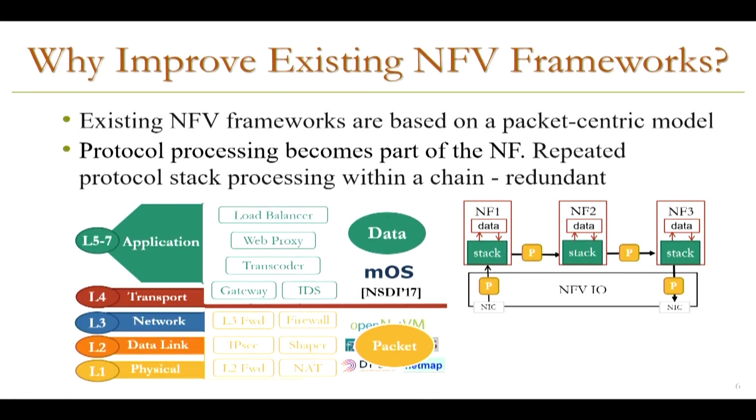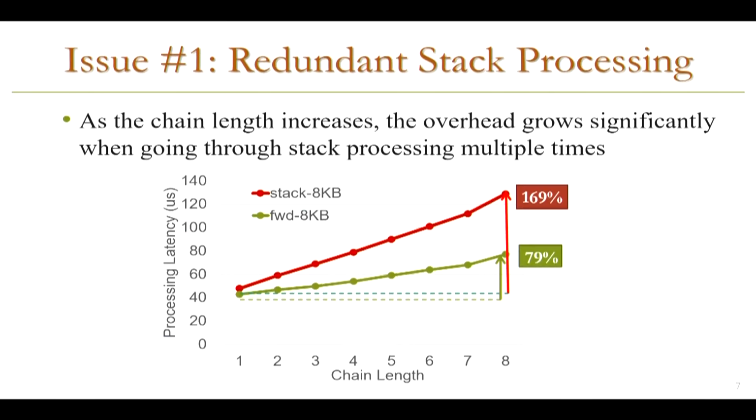To see how much cost we are paying for the redundant processing, we did an experiment. We set up a chain of NFs between a web server and a client, and the client requests 8 KB files, and we change the length of the chain as shown in the x-axis. And we compare the processing latency for 2 cases. For the forward case, each NF just forwards individual packets.